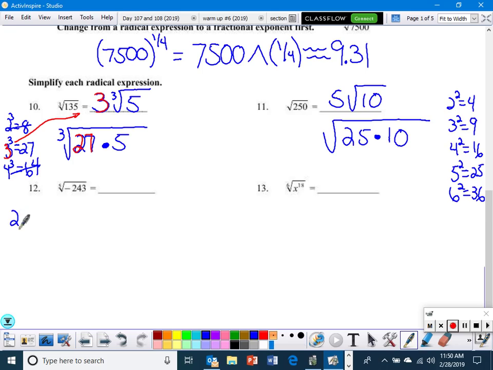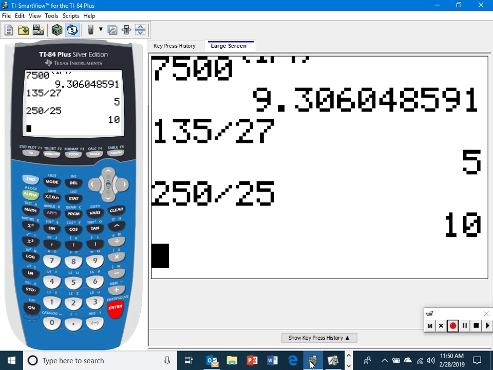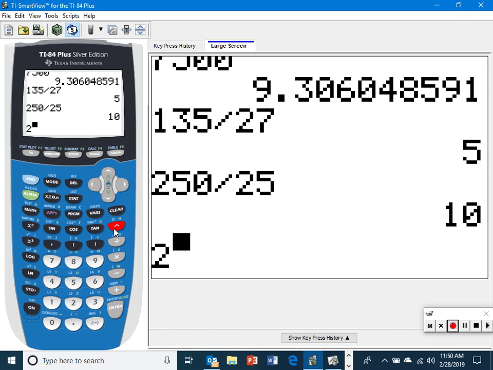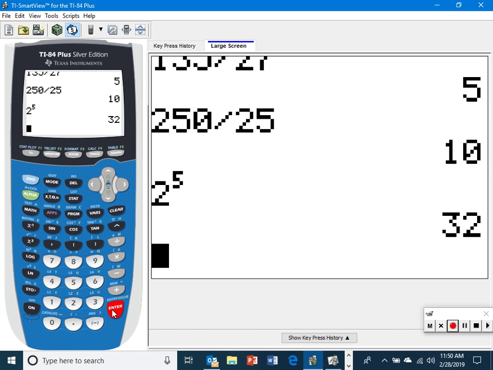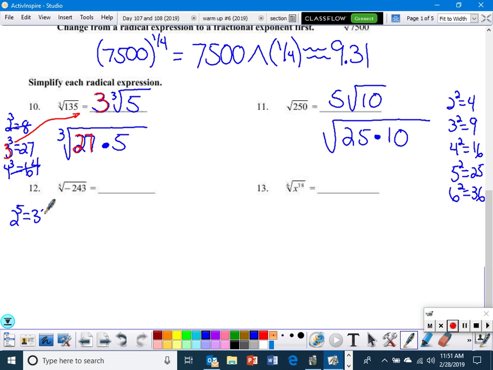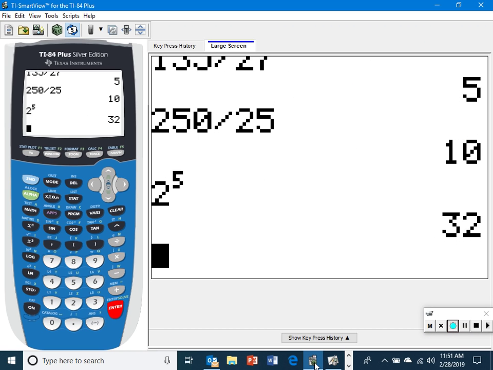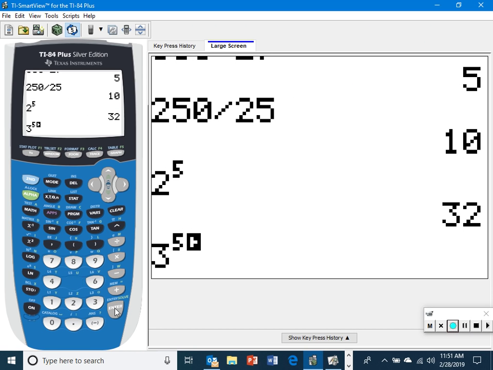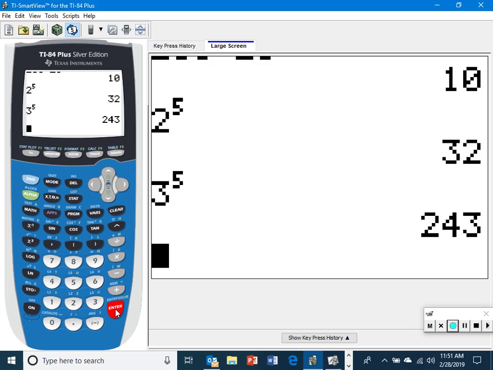So if 2 to the fifth power, well, let's check that out. 2 to the fifth power is 32. Whoops. 3 to the fifth power. Whoa, look at there. It's 243.